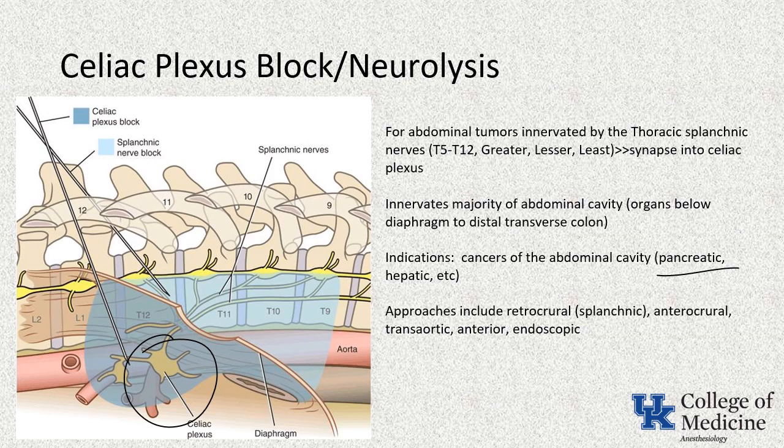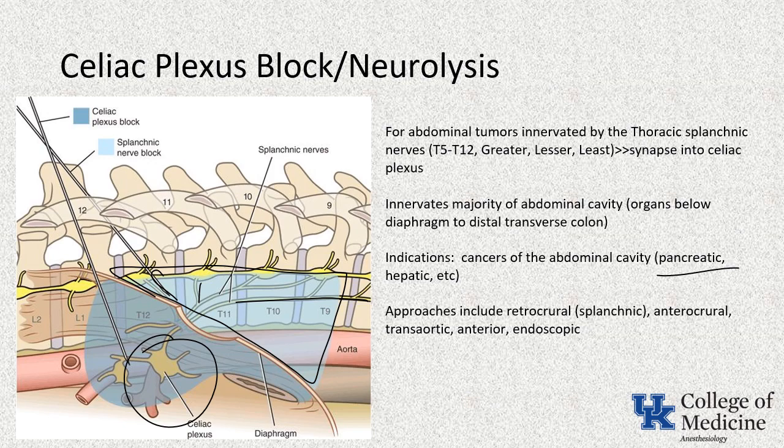This is also known as a splanchnic block. And if you look up here, this would be medication deposited for a splanchnic block, or the retrocrural approach, as you're getting the greater, lesser, and least splanchnic nerves.